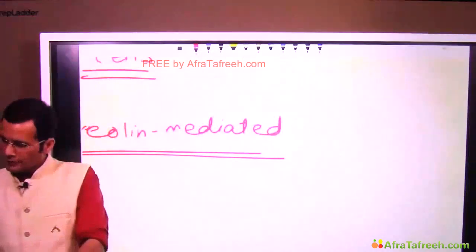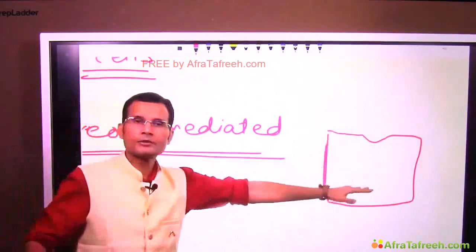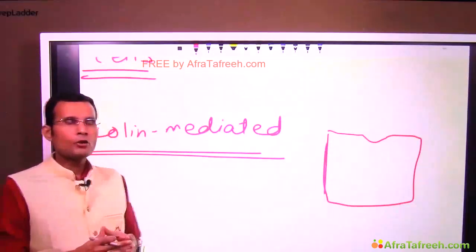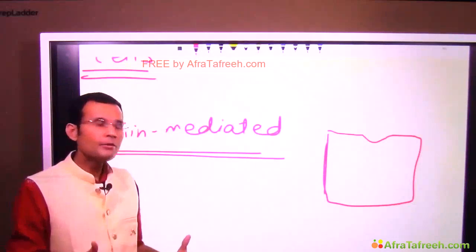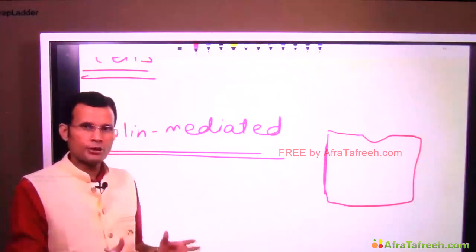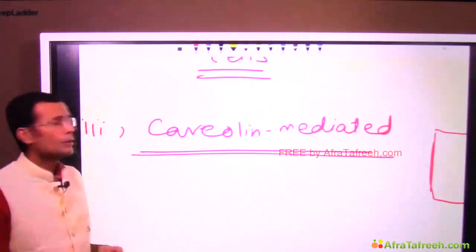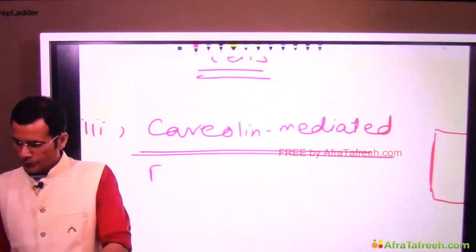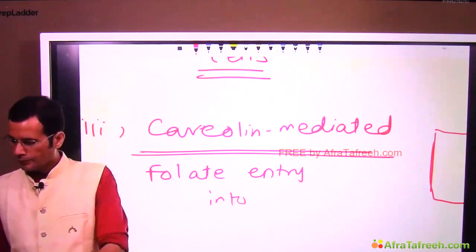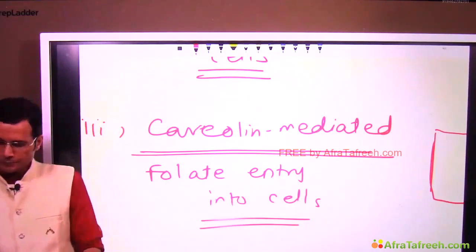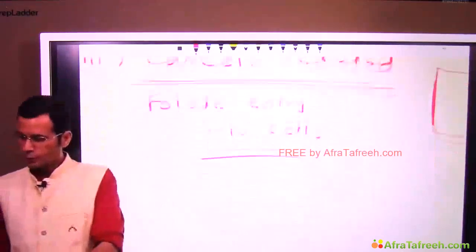In fact, many cells have membranes with very small depressions, and they are called caveolae. Those depressions, the caveolae, are lined with this protein called caveolin, and it will internalize some substances. The commonly given example is folate entry into the cells by this particular mechanism, and this mechanism has also been called potocytosis.